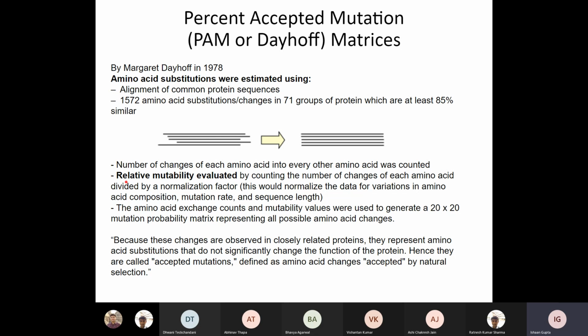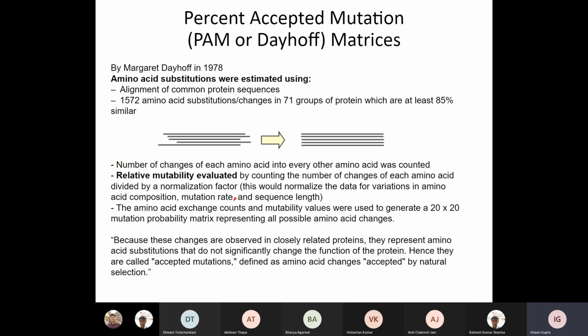Now after that, you calculate what's called the relative mutability. You say your amino acid was mutated n number of times across different locations, and this amino acid itself is present at a certain percentage in the sequence.